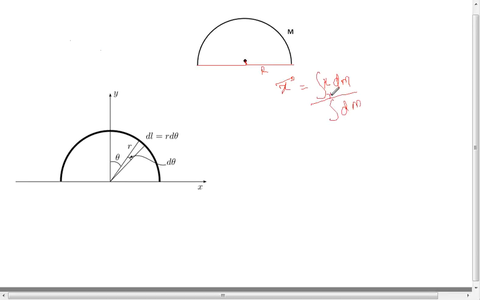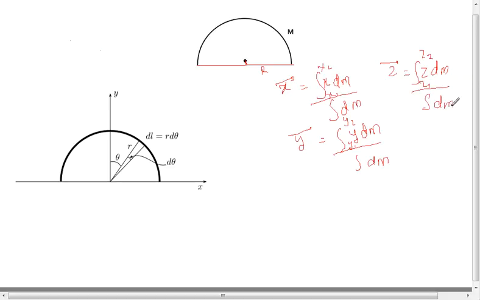Similarly, the y coordinate is the integration of y dm from y1 to y2, divided by the integration of dm, and the z coordinate is the integration of z dm from z1 to z2, divided by the integration of dm. These are the equations which show the center of mass.